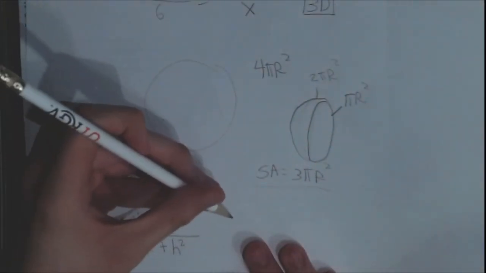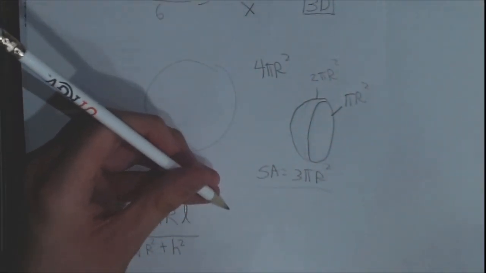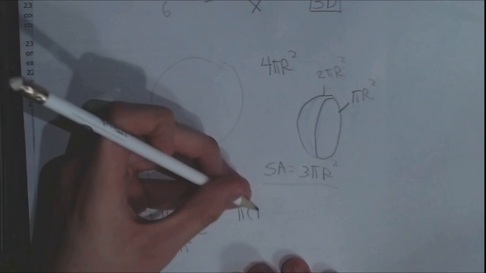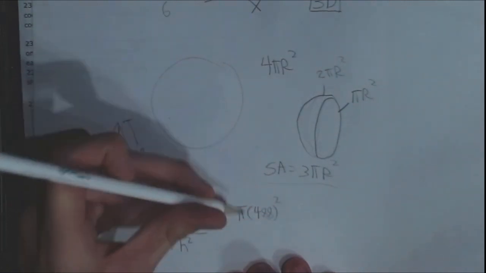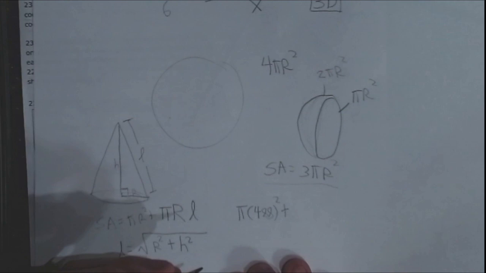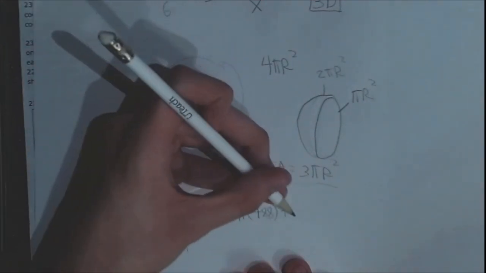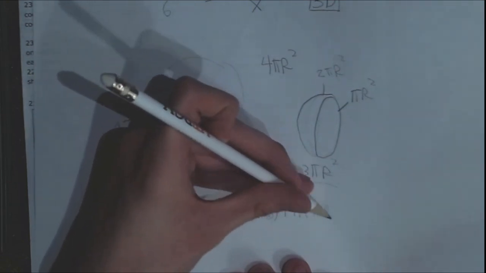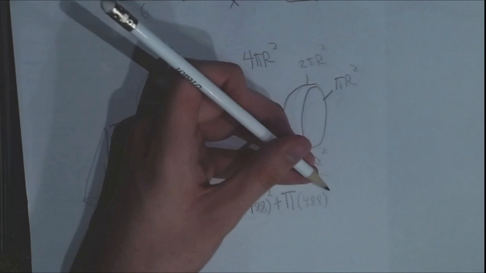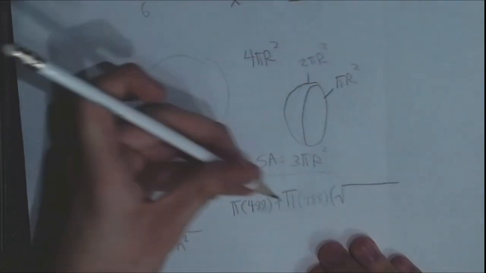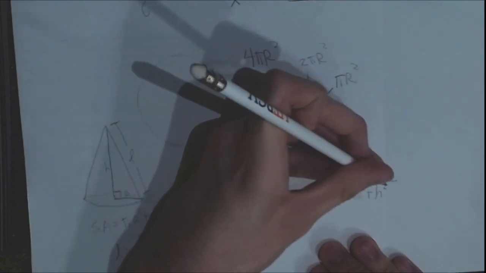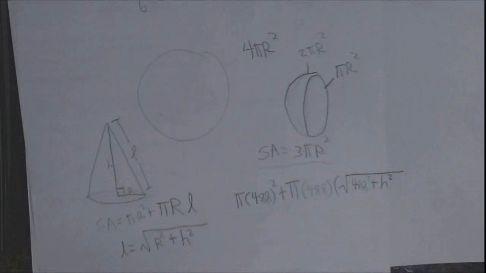So I can write the surface area of the cone, which is pi times our radius, 488, squared, plus pi r times the slant height, which I'll write as pi times 488 times the square root of 488 squared plus h squared. I just put h because it's unknown. So this is the cone surface area.